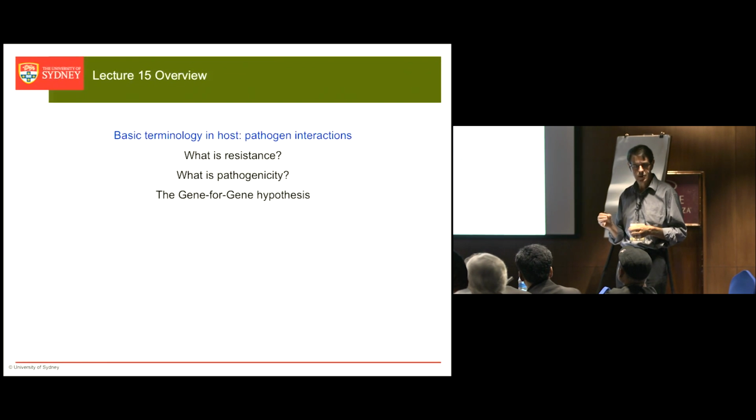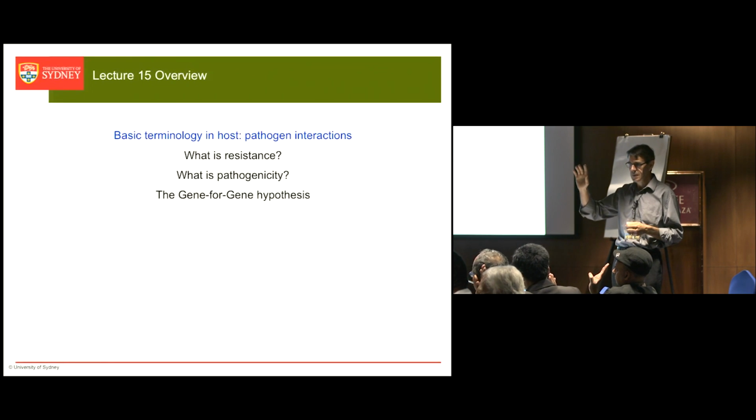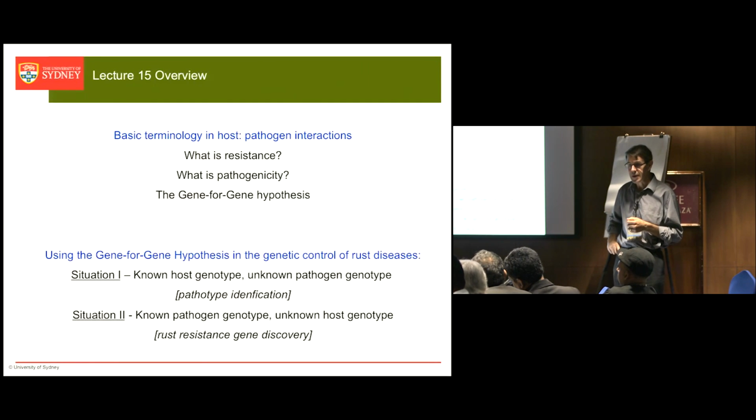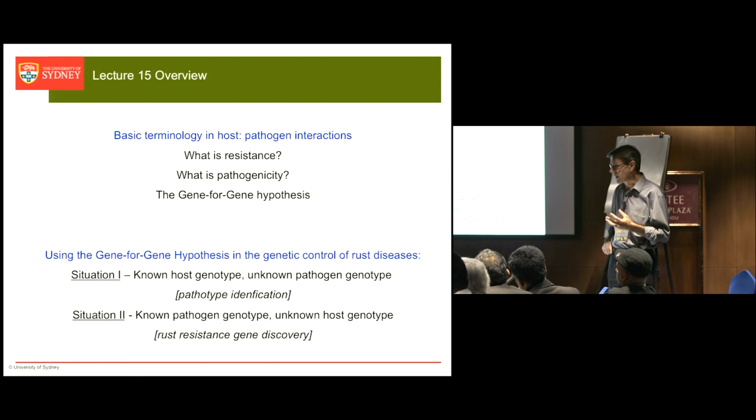How many of you have actually heard of the gene-for-gene hypothesis? Can you put your hand up, please? All right. This is really the genetic basis of all of the work we do with breeding for resistance. You might not realise that, but I've talked about race analysis.